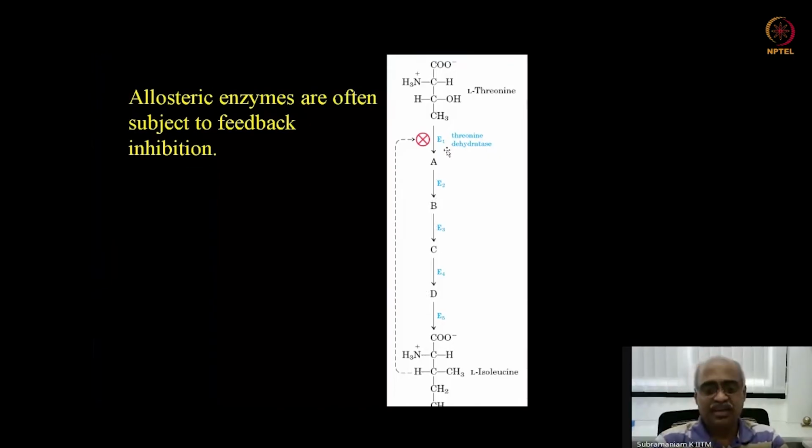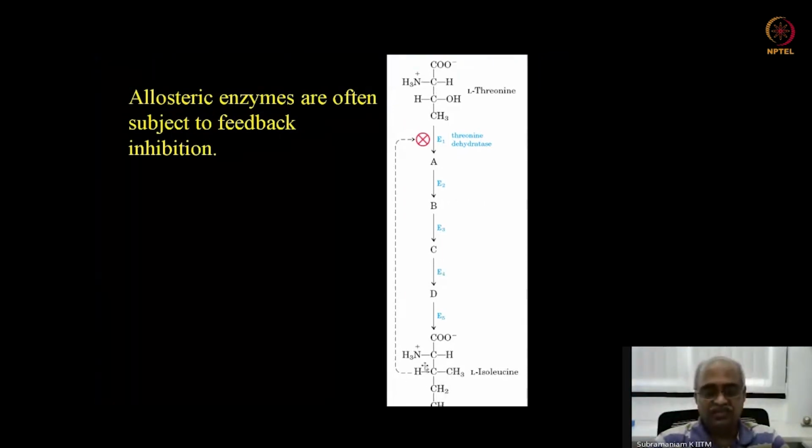So in this sort of a multi-step biochemical pathway, oftentimes the very early step is catalyzed by an allosteric enzyme, and its activity is often subject to regulation by the ultimate product, not the immediate product of that enzyme. So the purpose of this entire pathway is to produce this.